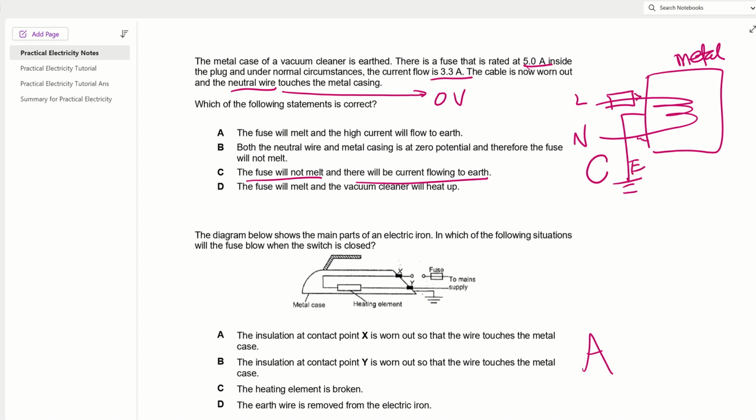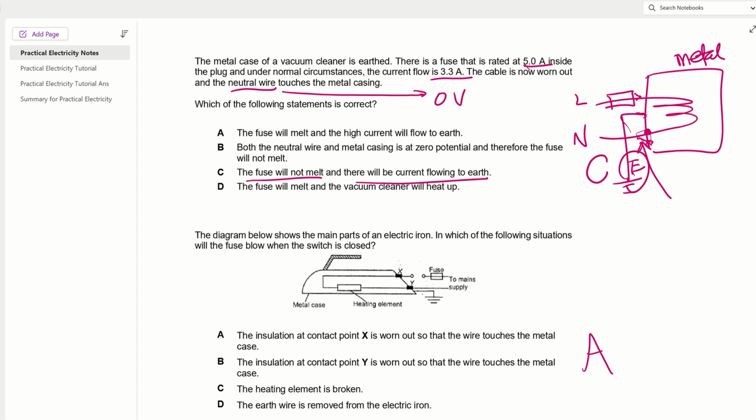So current flows into the appliance. Then when it comes out here, it is actually touching the metal case because of the electrical fault, where the neutral wire is frayed. So the current will flow through the metal case and into the earth wire.